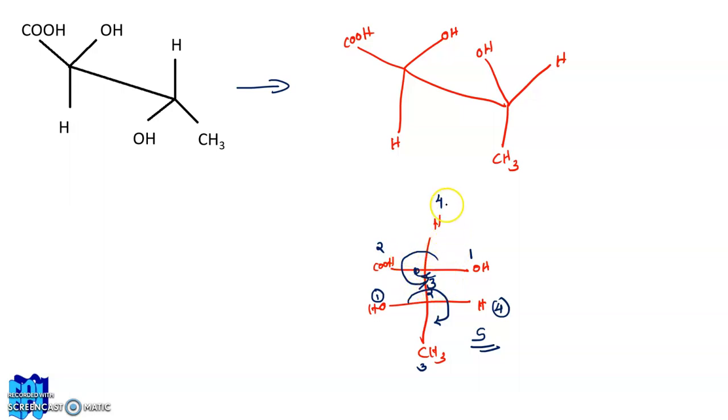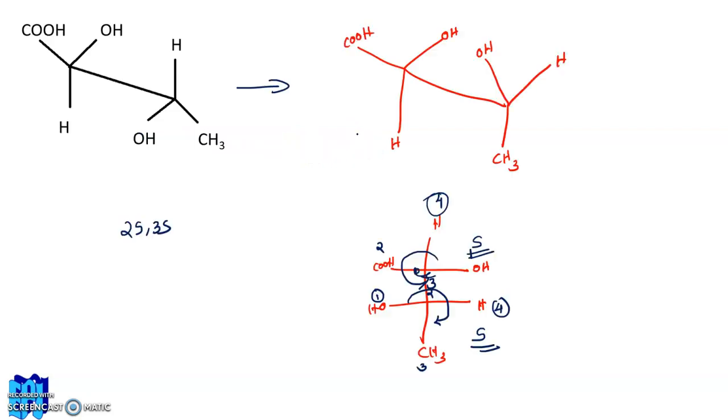So we can say that the lowest priority is on the top. So anti-clockwise is yes, so again this is 2, yes, and 3, yes. In the previous case, the first compound is 2R, 3R. It is changed to 2S, 3S, isn't it?